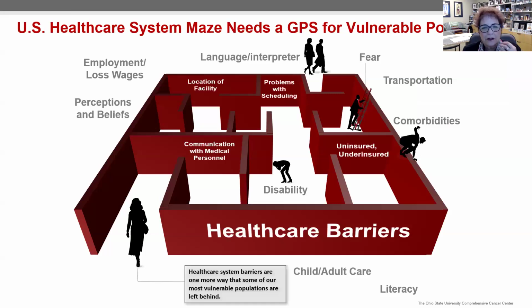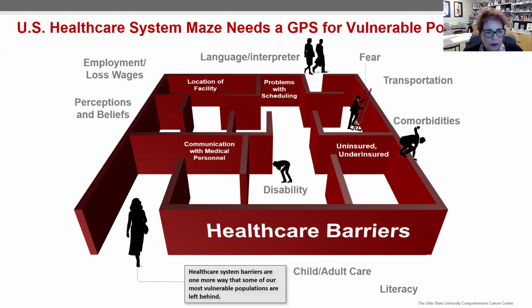Now, when you think of the healthcare system, to many of us, it seems like a maze, and we need our own personal GPS to navigate the healthcare system, and especially vulnerable populations. They need some help. And these are just, again, the barriers that we talked about all around this maze that we enter.